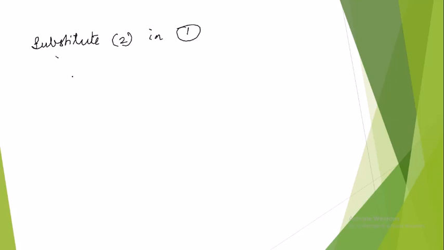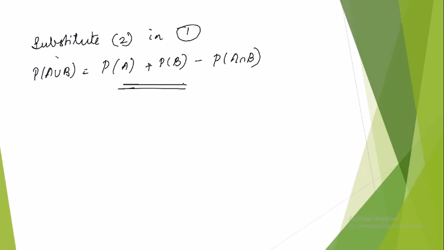So when I substitute 2 in 1, what I get is probability of A union B is equal to probability of A plus probability of B minus probability of A intersection B. So hence the addition theorem for two events is proved.